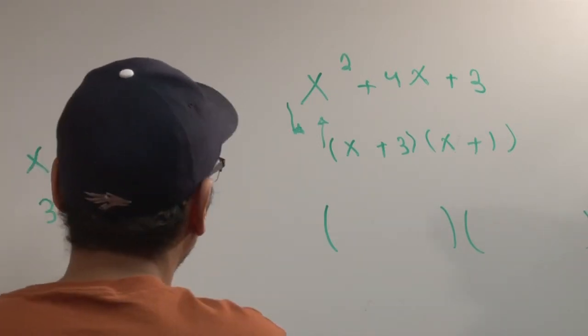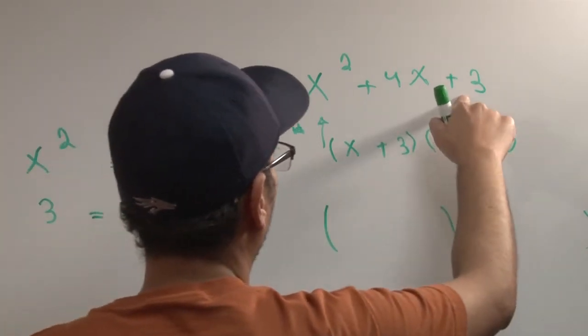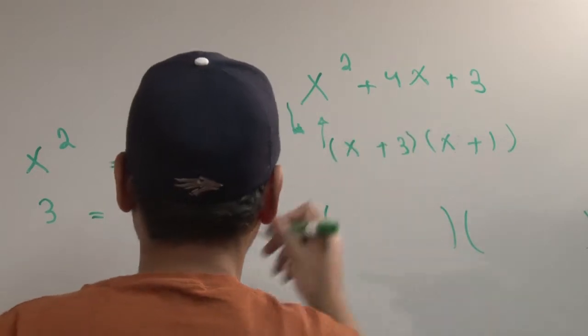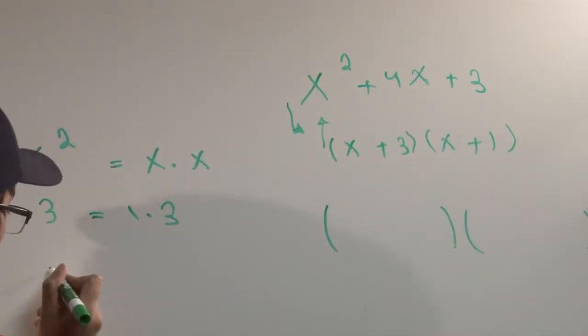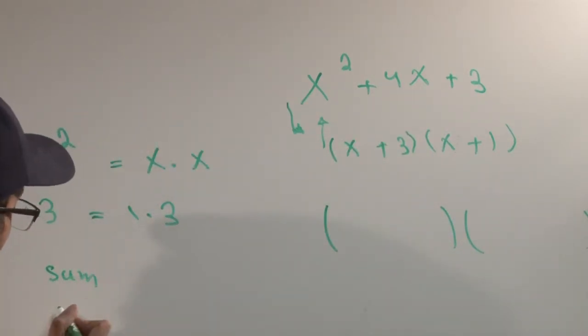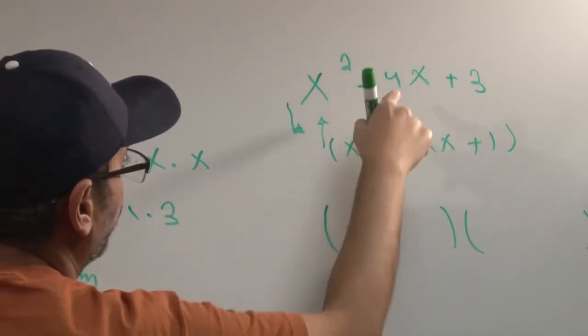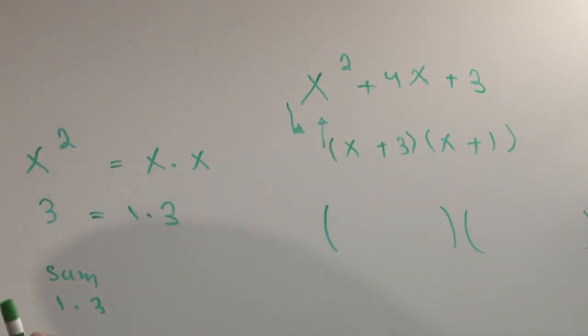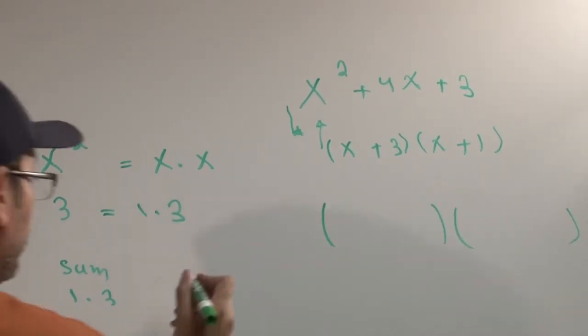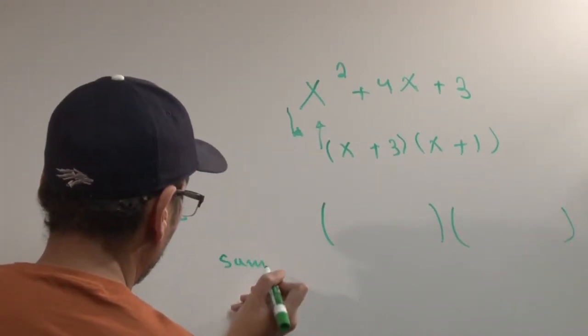So, since this is positive and this is positive, it's supposed to be the sum of 1 times 3, which gives me 4. So 1 plus 3 is 4.